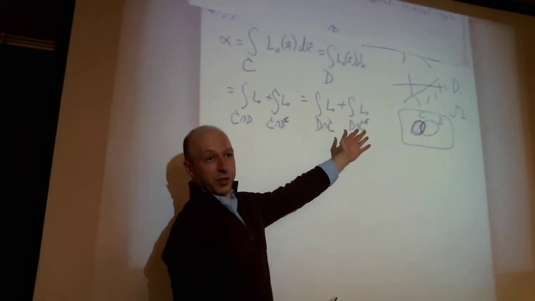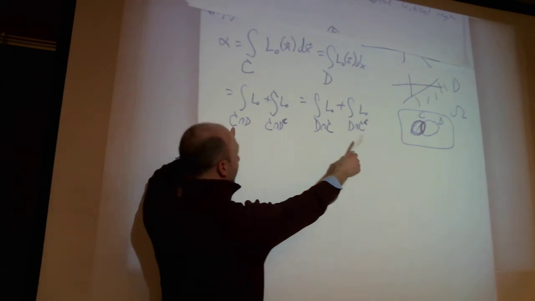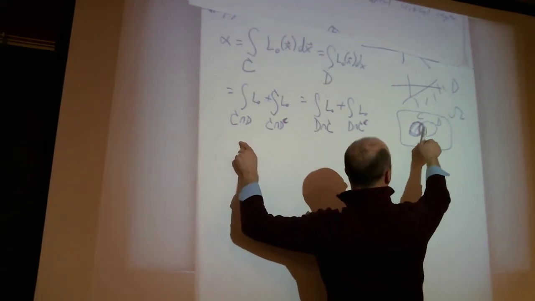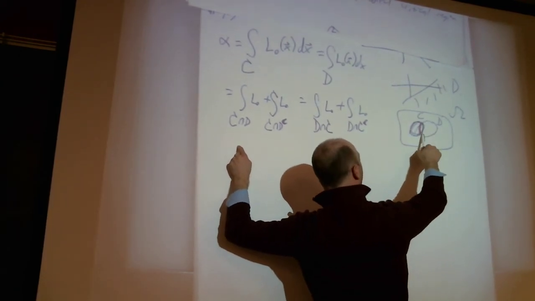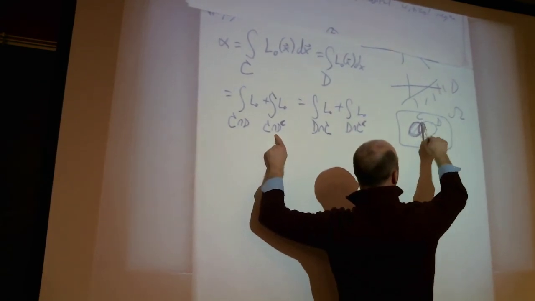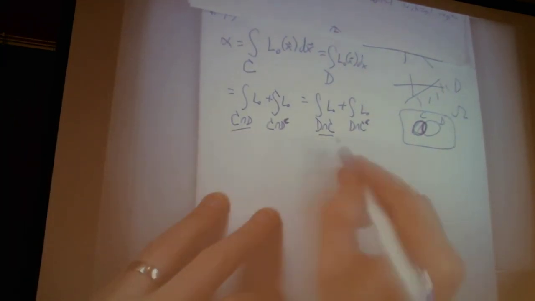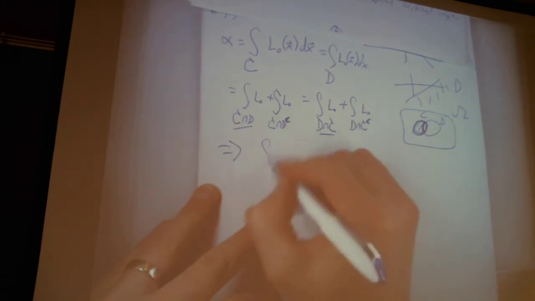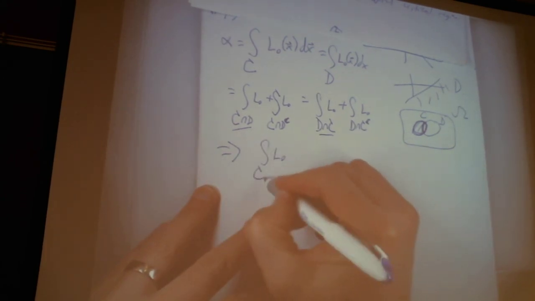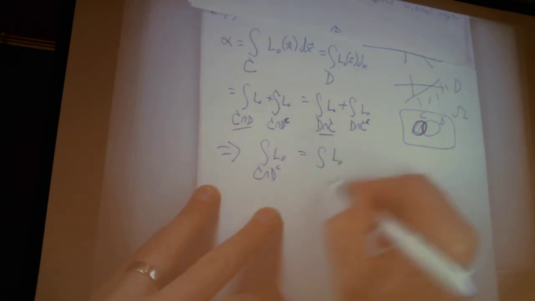All right, so far so good? But for D, the integral of L0 over the intersection is the same on both sides. So what I've shown is that the integral over C outside of D is the same as the integral over D outside of C. I'm just going to cancel this and this on both sides. This tells me that the integral of L0 on C intersect D complement is the same as the integral of L0 on D intersect C complement.